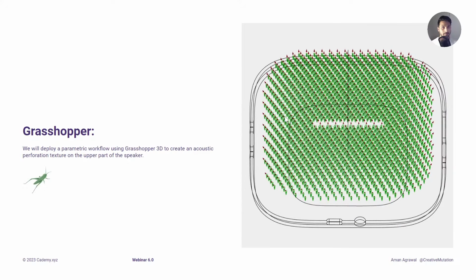After that, we will import the top surface into Grasshopper, and there we will apply the texture. We will learn how to first distribute the frames, then how to create these rectangles, and then we will change the size of the rectangles based upon some attractor geometry. We will also learn how to export it to Rhino so that we can remove it from the top casing.